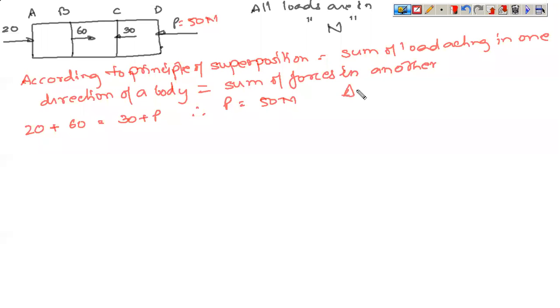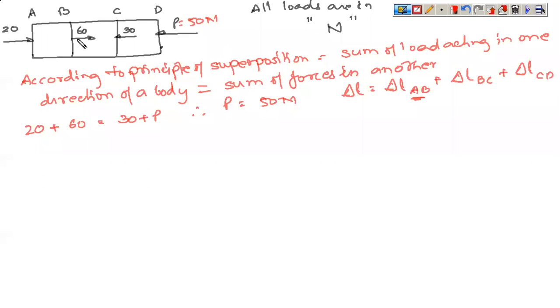Because if you want to find out the total delta L, the total delta L will be given by delta L of AB plus delta L of BC plus delta L of CD. Now the problem is, what is the value of P that is applicable for AB? For AB, you have two different loads acting in two different directions.